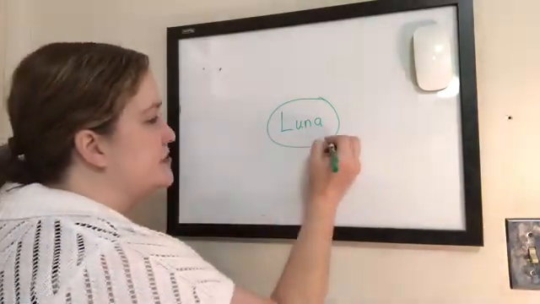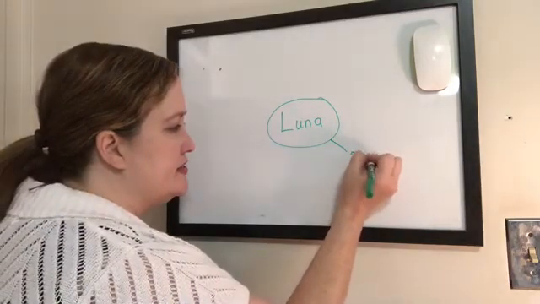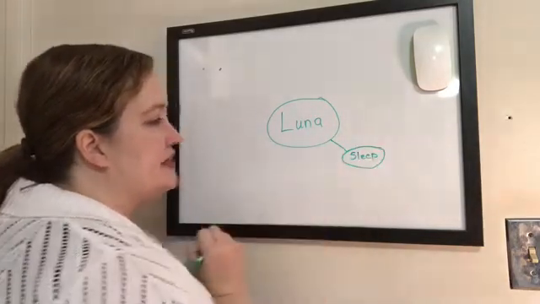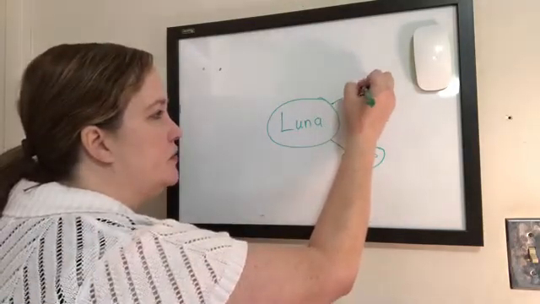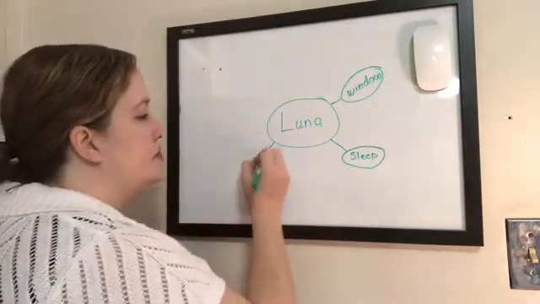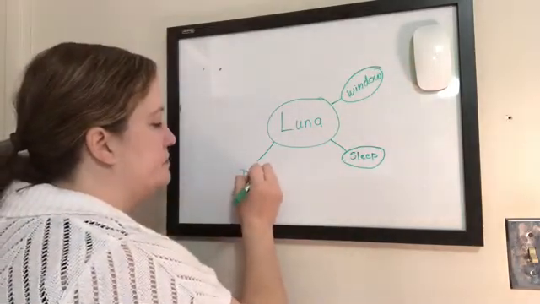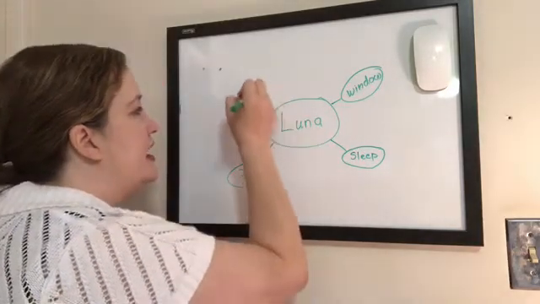So Luna likes to sleep. She likes to sleep a lot. So I'll put sleep right here. She likes to look out the window. She purrs a lot. Let's see. She eats cat food.